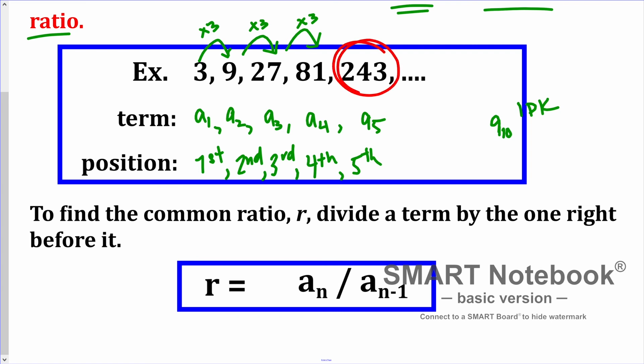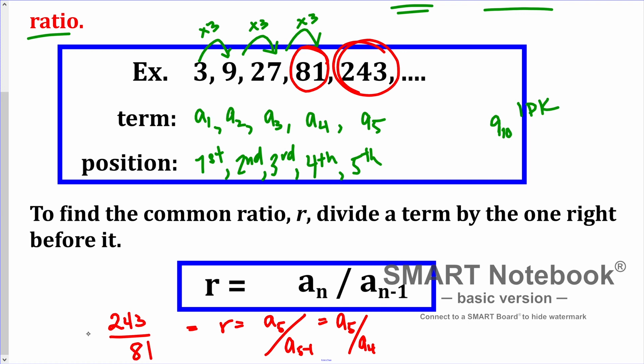So I'm choosing to do R equals A5 divided by A5 minus 1, which would be A5 divided by A4. That makes sense? And the A4 is the 81. So I'm just going to write it over this way. That's going to be 243 divided by 81. And if I plug that in my calculator, I get 3.